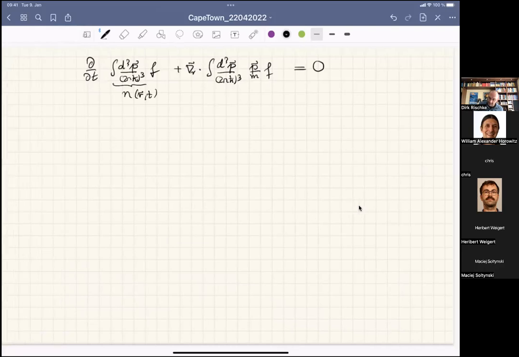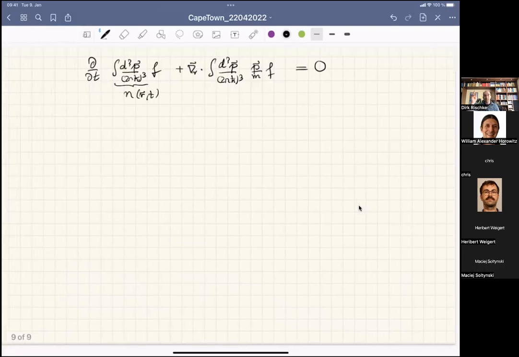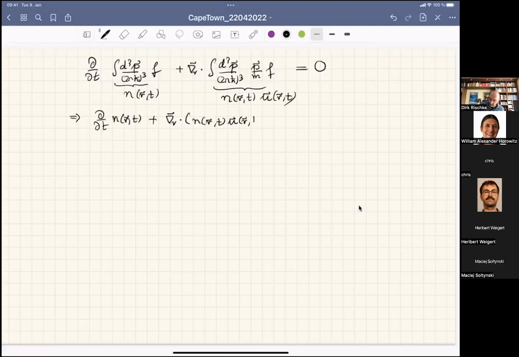And this we also introduced. If you divide this by particle density, it's the average velocity. So if you don't divide this, this is particle density times average velocity. Okay, and this is the continuity equation for particle number, well known from, for instance, electrodynamics. Density times velocity is, of course, the particle current.